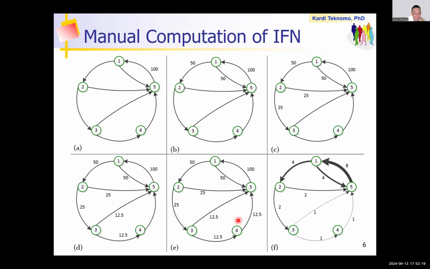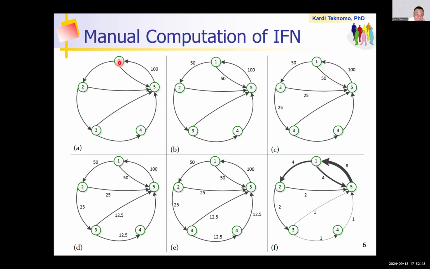I give you an example here. Say I have 5 nodes like this. Let's assume for a while that you are distributing equally in each node. Is that okay? Just an assumption first. Say in node 5, I put 100. Then this 100 flow will go to node 1, isn't it?